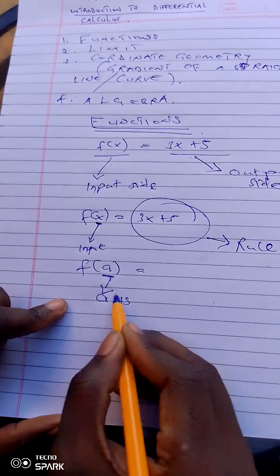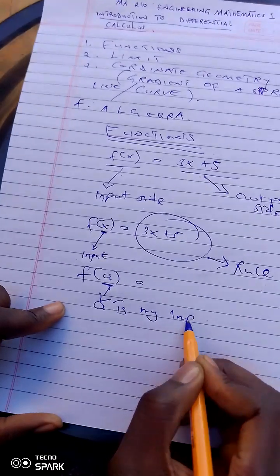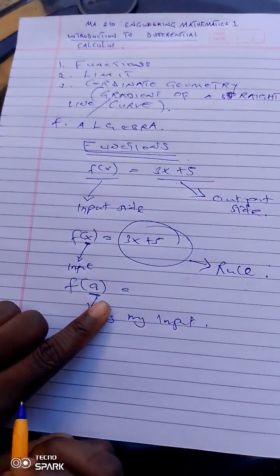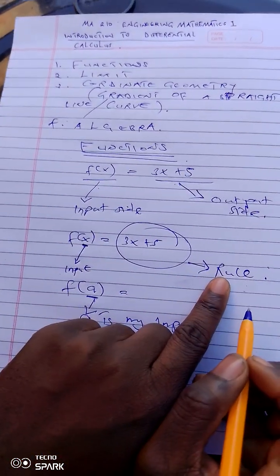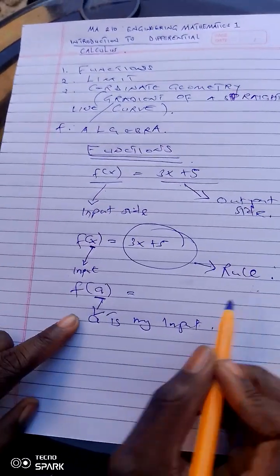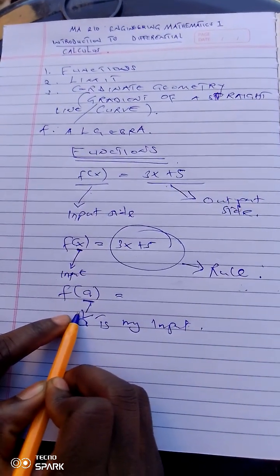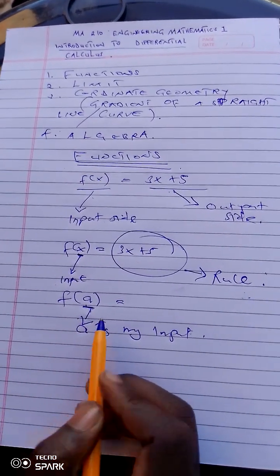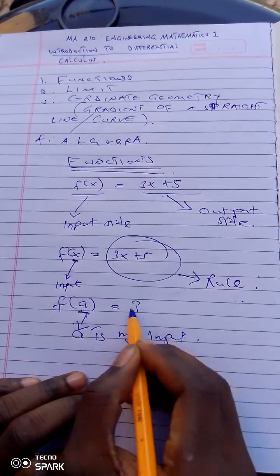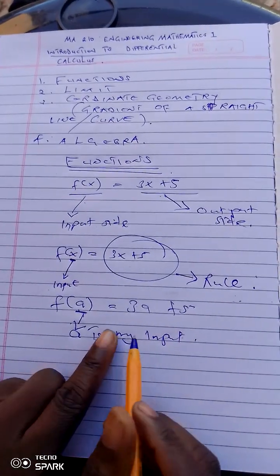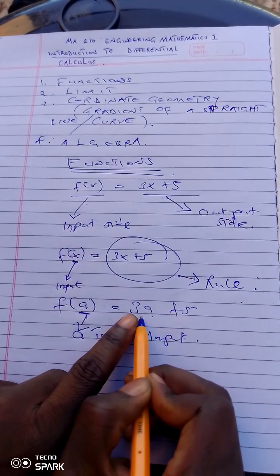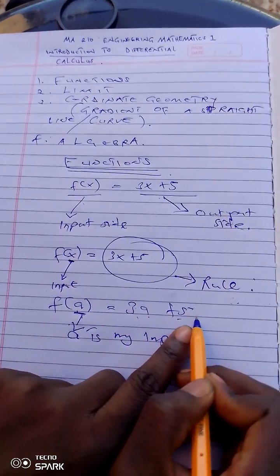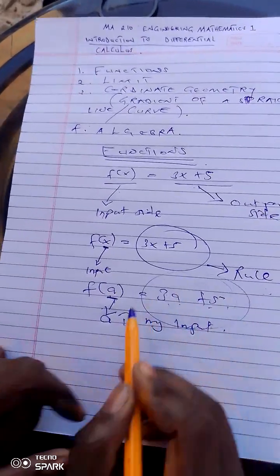Then on the output side, I'm going to find a rule which manipulates the what? The input, so that I have my output. And what is the rule? If I say 3a plus 5, I'm saying I'm going to multiply my input by 3, then add 5 to the result.